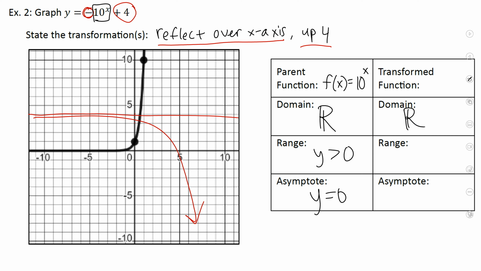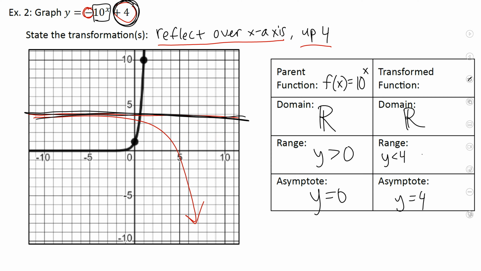For exponentials, it is always all real numbers, no matter if it was reflected, shifted left, right, up, down, the domain stays the same. Now, guys, what is my new range? y is less than 4. Perfect. The asymptote is at 4, which makes sense because look, I have a +4 right here. That should always match. So your asymptote is also 4.